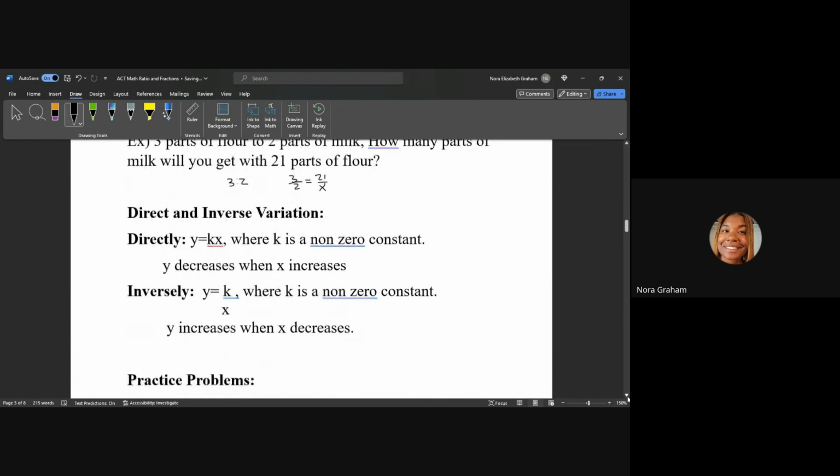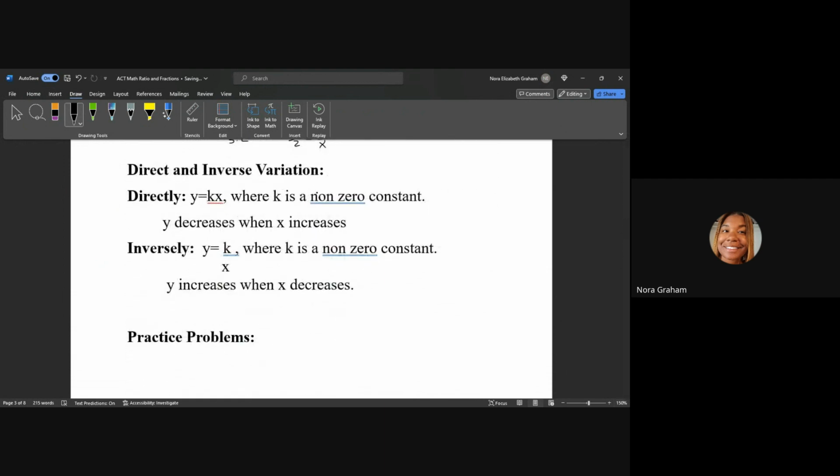Down here is more like a memorization thing. A lot of people haven't seen this a lot in math, but this is direct and inverse variation. The thing to remember, this is kind of like a memorization thing, is directly would be y equals k times x, where k is just a non-zero constant. And just remember your y decreases when your x increases. Again, we'll do example problems, and this will make a little bit more sense when we do an example problem.